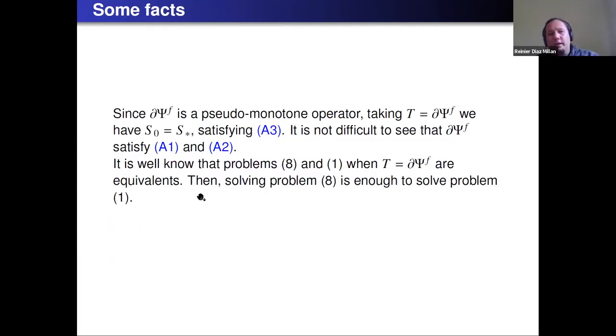Now, as we know, problem 8, minimizing the function phi, is equivalent to problem 1, the variational inequality, when you take the operator as the Clarke differential, as mentioned before. Then to solve problem 8, it is enough to solve problem 1. But what happens when we want to implement the line search?